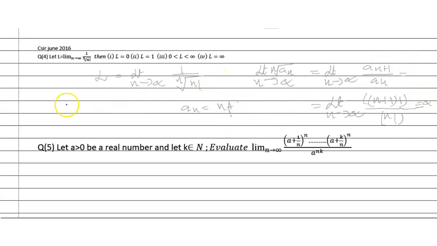So L equals limit 1 by infinity equals 0. So L equals 1 by infinity equals 0. This is my answer. This question is from CSIR NET June 2016.